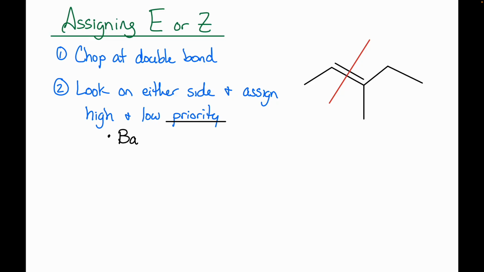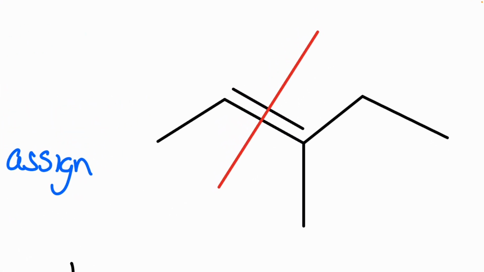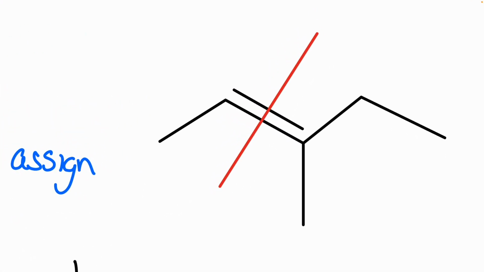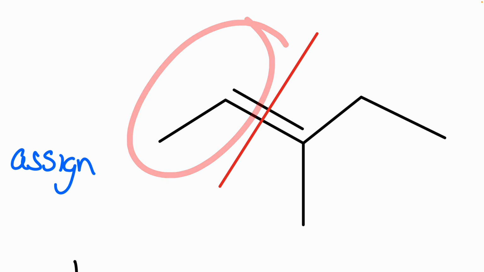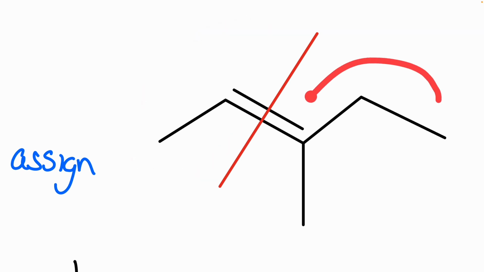This idea of priority is based on atomic number, the same game that you play when you assign R and S stereochemistry to chiral centers. You've got to look at those groups and assign their priority. We're going to do so on the left-hand side of this double bond first, and then jump to the right-hand side and play the same game.